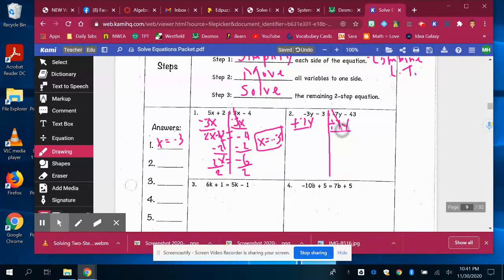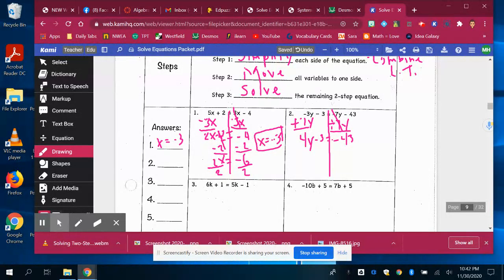On the right side, those cancel, and I'm left with negative 43. On the left side, negative 3 and a positive 7. When I have different signs, I subtract. So 7 minus 3 is 4. I notice I have more positives than I do negatives, so it's going to be a positive 4. I'm going to bring down this minus 3.